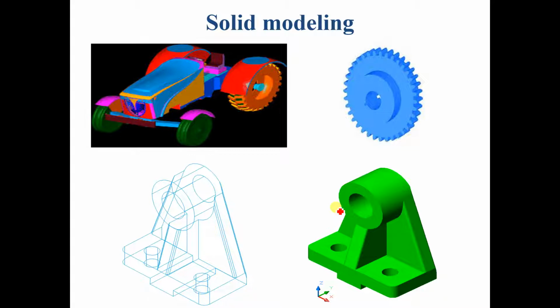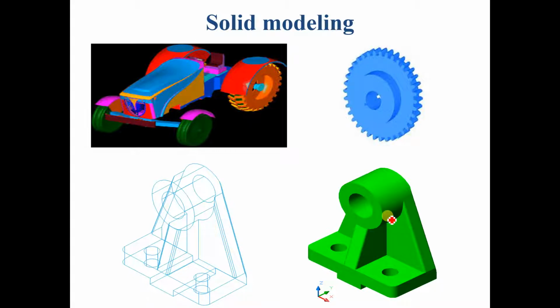Next, there are more advantages for solid modeling. In the database representing a solid, topological information as well as geometrical information are stored. Some may wonder what topology and geometry are.